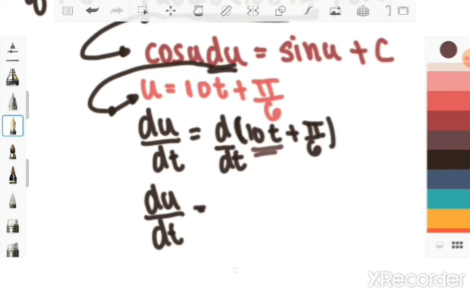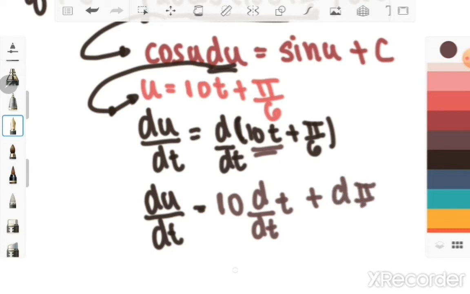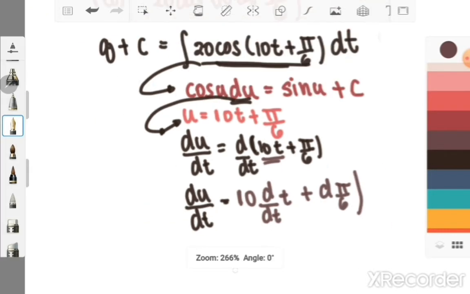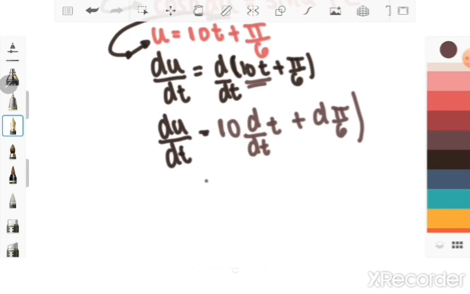Okay? So, 10 multiplied by the derivative of t, plus the derivative of pi over 6. We have the derivative of t is equal to 1, right?